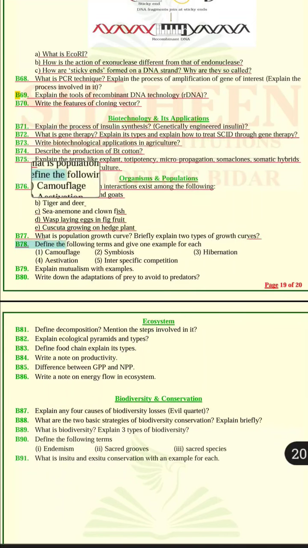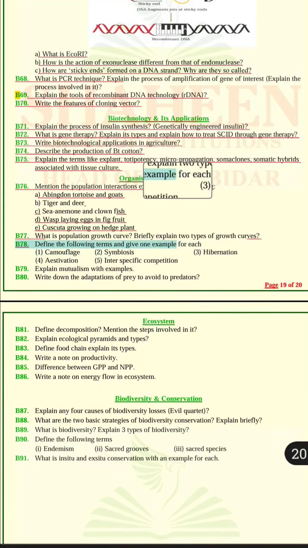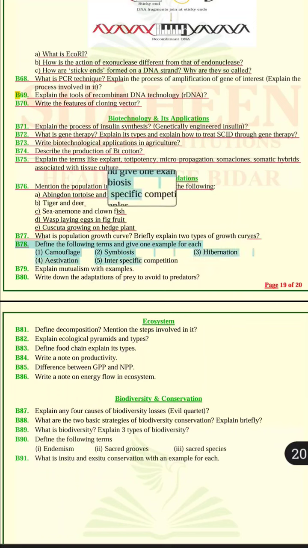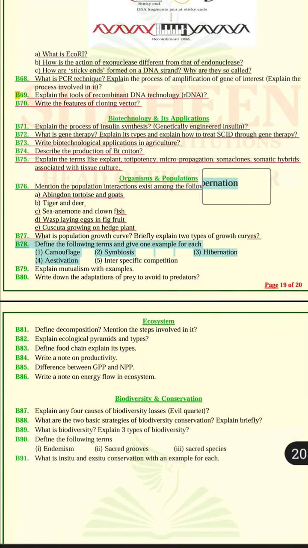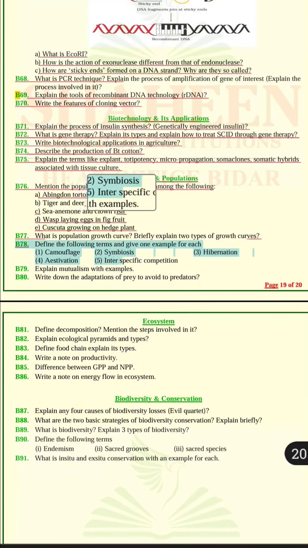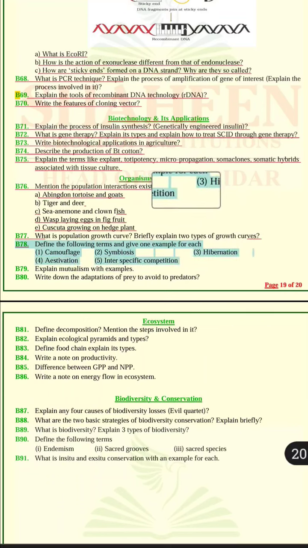And question number 78, define the following terms and give one example for each. The first one is camouflage, second one is symbiosis, third one is hibernation, fourth one is estivation, fifth one is interspecific competition.